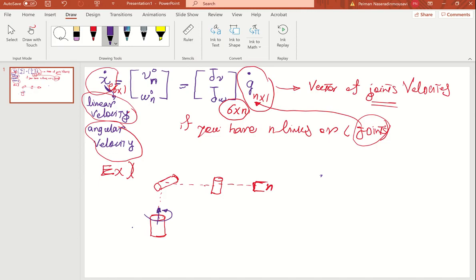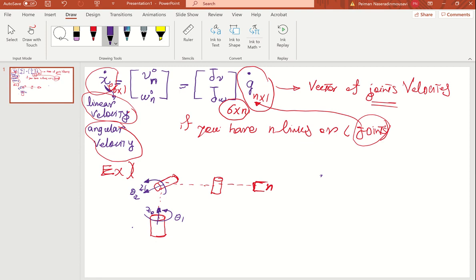The z of this joint is z naught, and this is theta 1. Suppose the rotation is like this, by the right-hand rule, it's going to be theta 2, and this is z1.